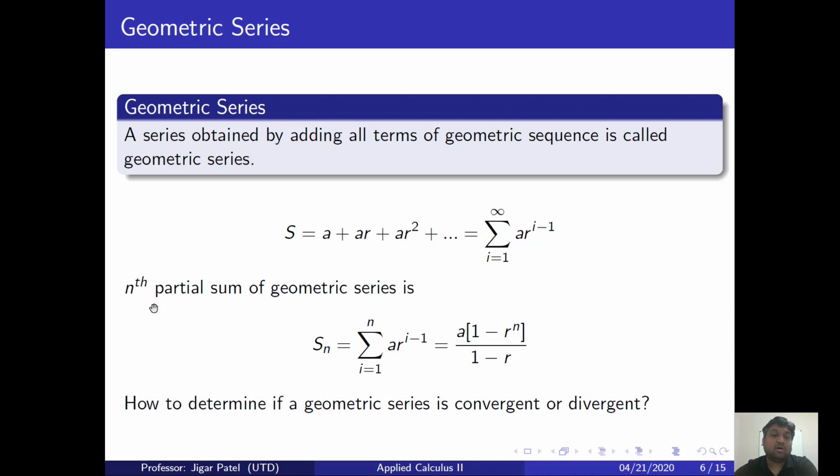I want you to recall the result about the nth partial sum of the geometric series. Right, the sum of first n terms of the geometric series is a times 1 minus r to the n over 1 minus r. We learned this formula in geometric sequences. Remember, we have used this formula quite a few times.